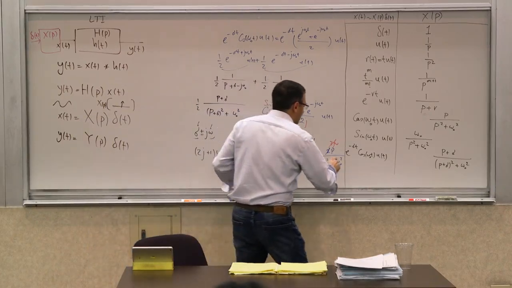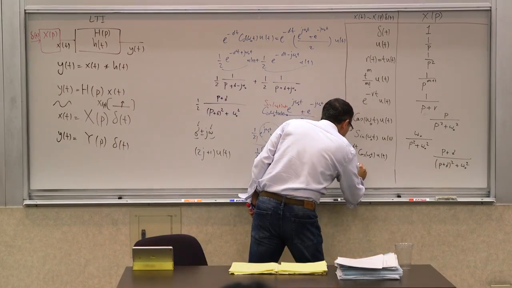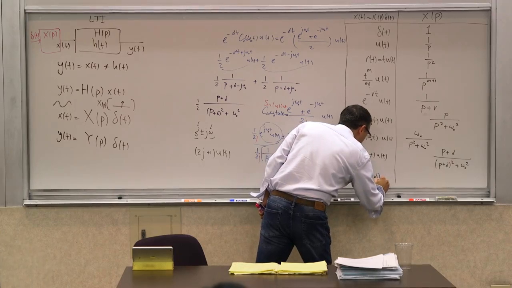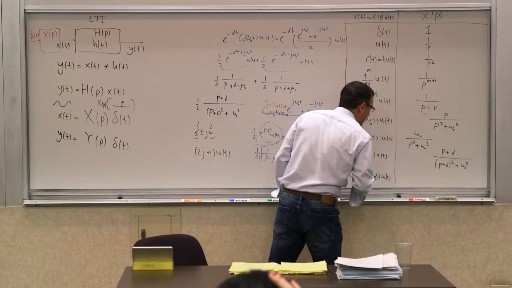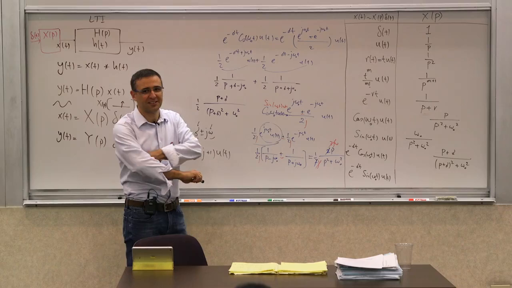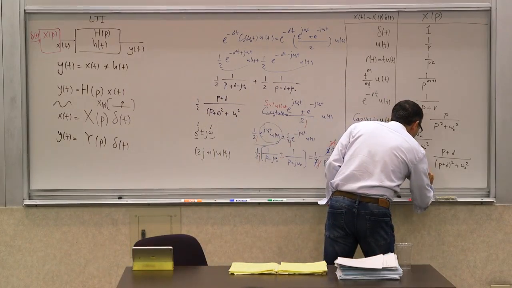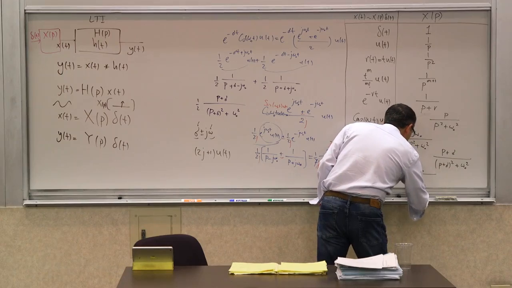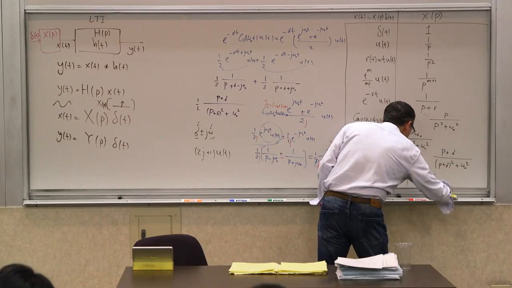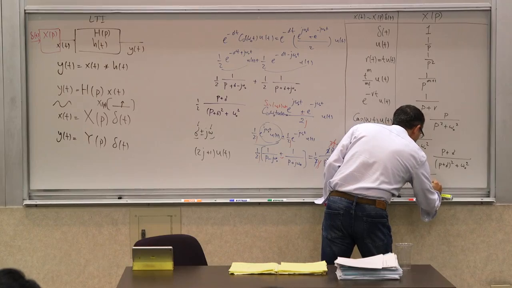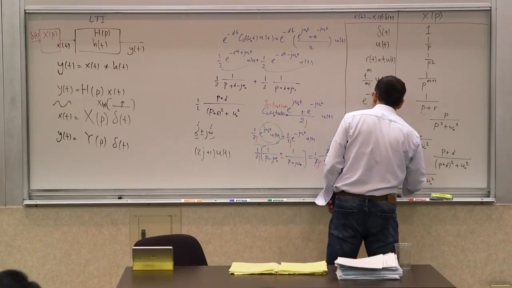So how about this? E to the negative sigma t sine of omega naught t u of t. Can you guess this one? Omega naught over the same denominator, right? (P plus sigma) squared plus omega naught squared. And how do we show that?